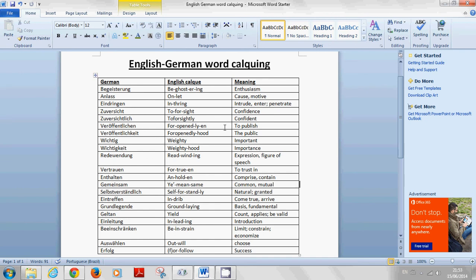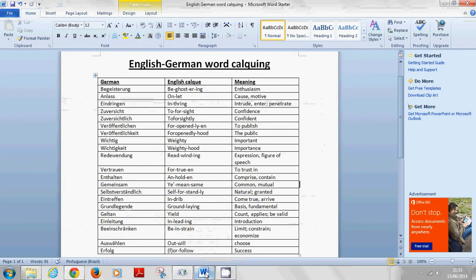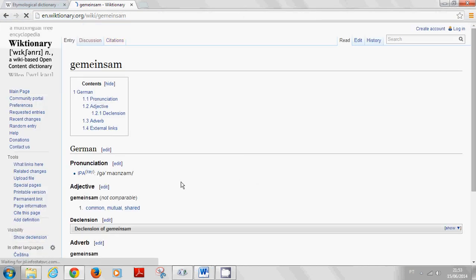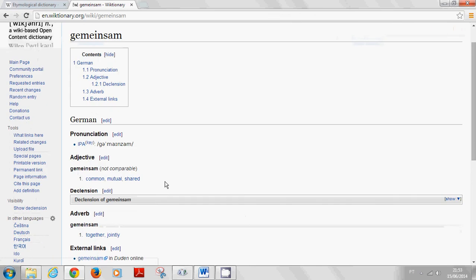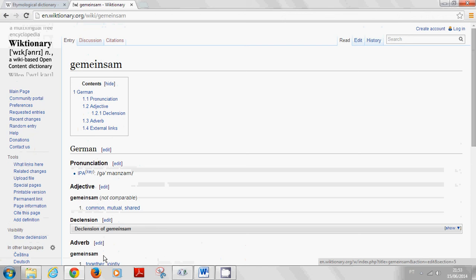There are many sites you can use for this, like Wiktionary.com. Yes, it's got Wik in front of it, but the point is that that website has a lot of good stuff. So, for example, let's type in one of the words on this sheet. Let's type in gemeinsam. Gemeinsam will load. We'll have these kinds of things: together or jointly.